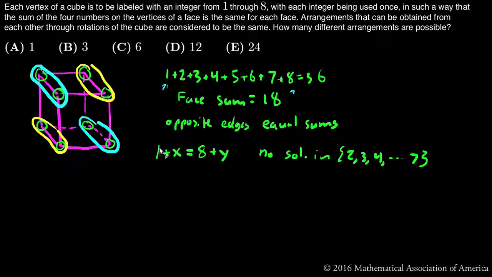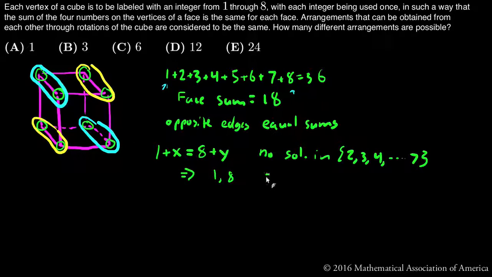For instance, 1 plus the largest remaining number, 7, is 8, and 8 plus the smallest remaining number, 2, is 10. I can't possibly make this one big enough or this one small enough to make them equal, so this means that 1 and 8 must be adjacent.